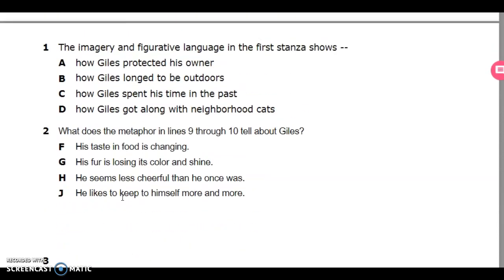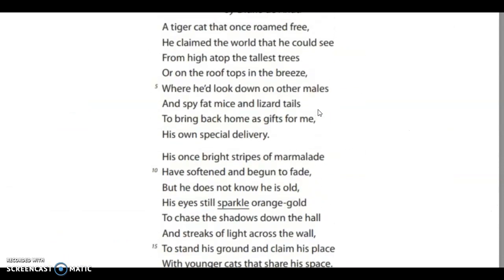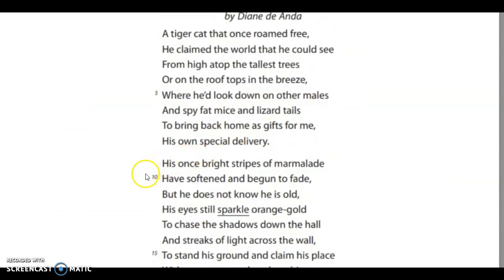Number 2. What does the metaphor in lines 9 through 10 tell about Giles? So remember, a metaphor is whenever we are saying one thing is another. So let's look at lines 9 and 10. Line 9 reads, his once bright stripes of marmalade have softened and begun to fade.